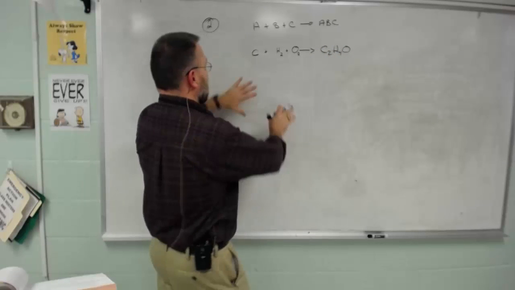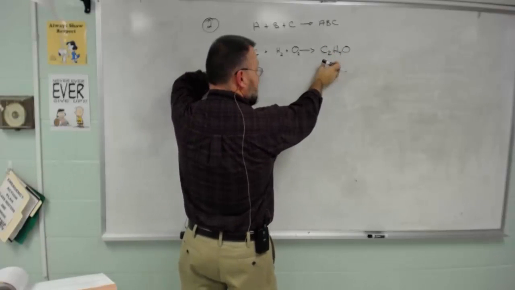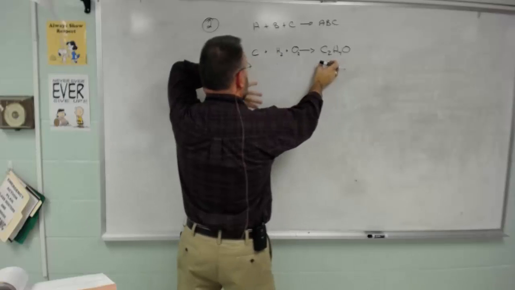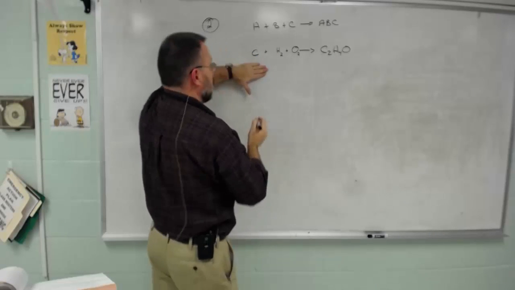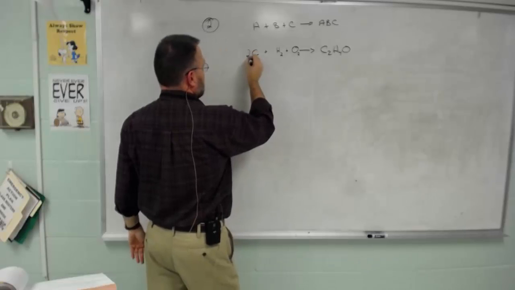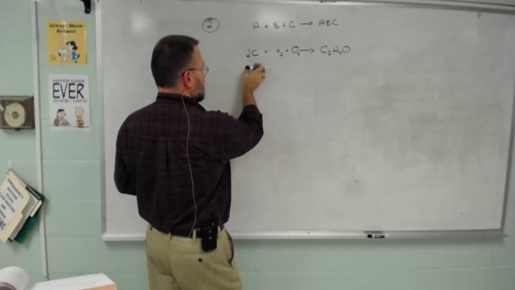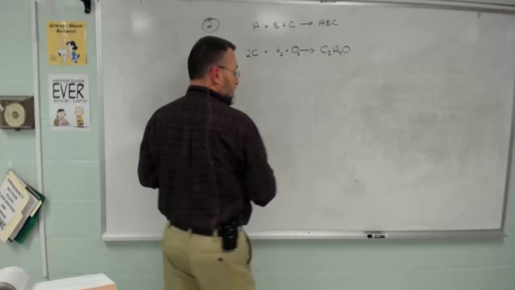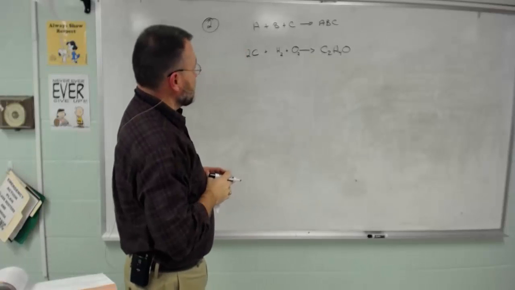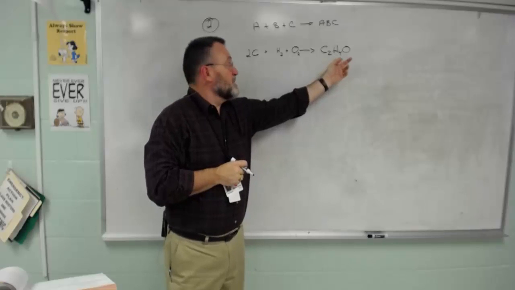And so looking on the right-hand side, I look at my carbons. I need to have 2. And in order to have 2, I need to have 2 originally to start with, right? And the only way to get 2 is to add the coefficient of 2. These 2 carbon atoms will then be brought together in the molecule. Hydrogen. I need to have a total of 4, and they're going to be coming to me in sets of 2.